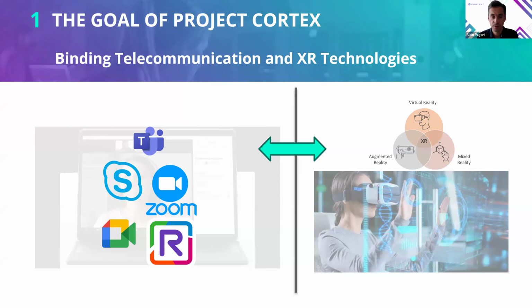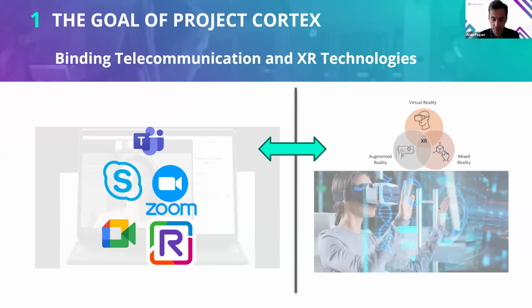As I explained earlier, we are trying to bind classical telecommunication tools. Here you see examples: Teams, Zoom, Google Meet, and this Rainbow platform. We bind them with the power of XR technologies: virtual reality, augmented reality, mixed reality.